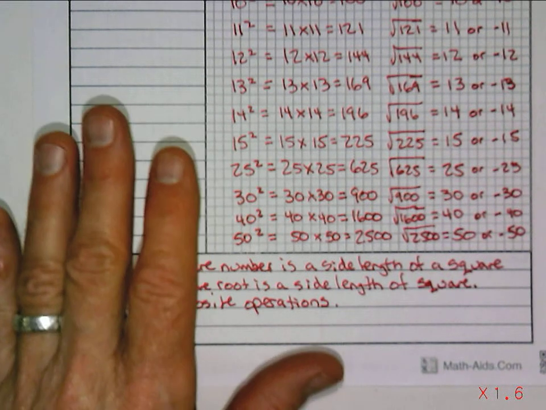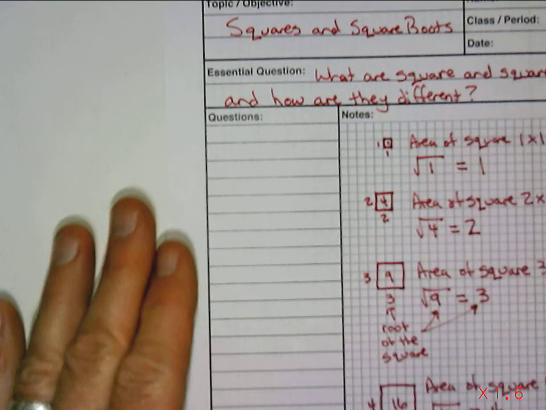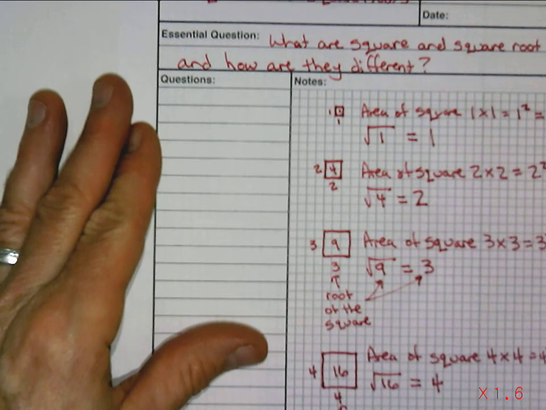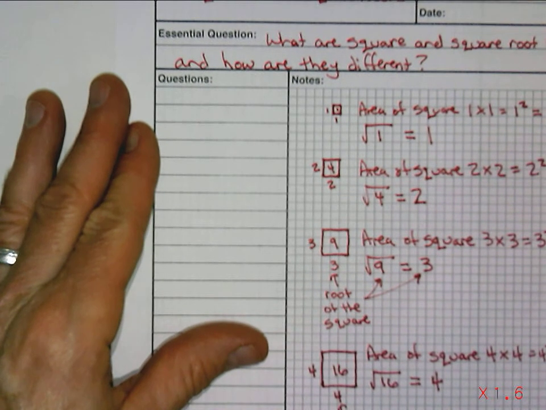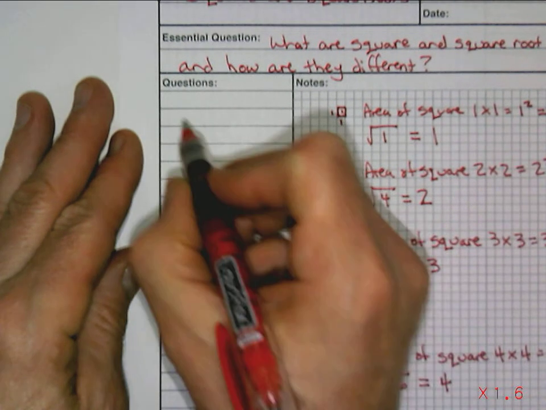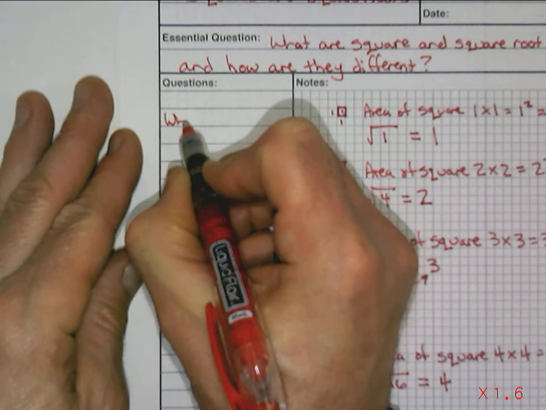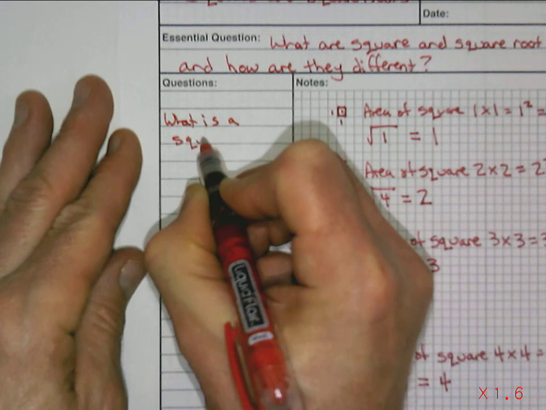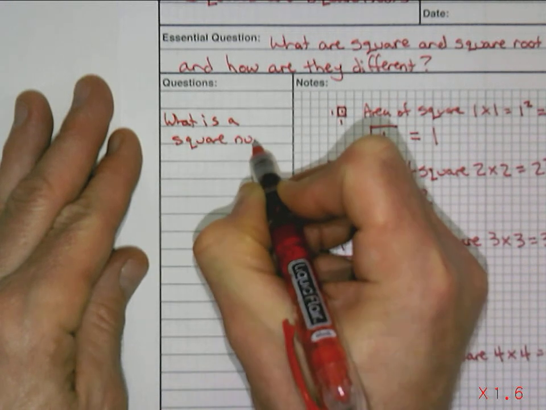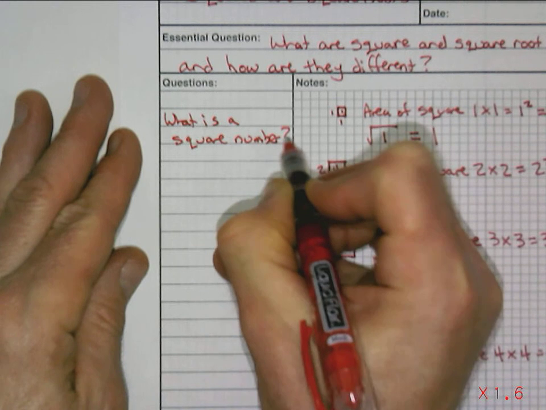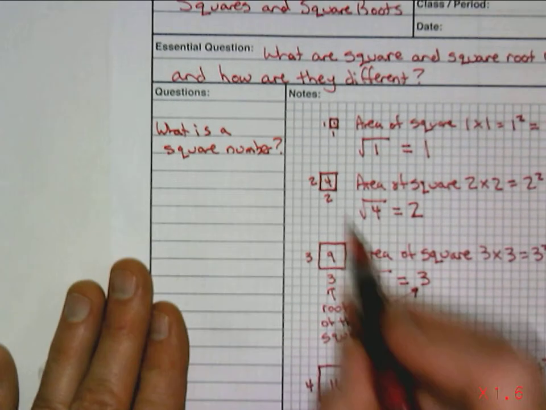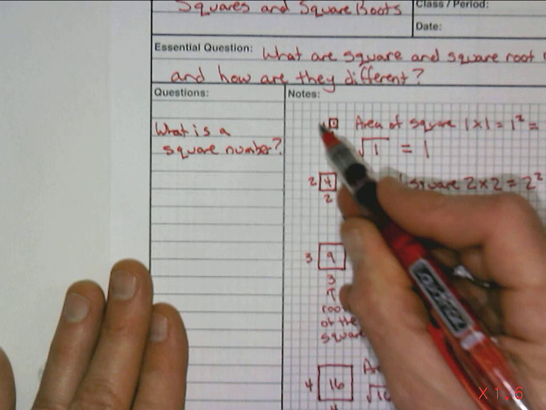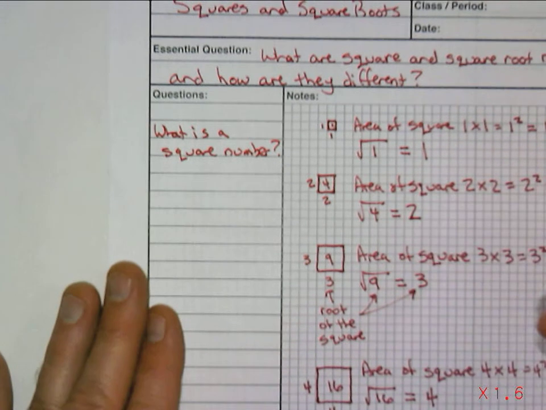There are some interesting things that happen with squares and square roots as we work through this. So what I'd like to do is add a few questions along the way, and we'll wrap this up with a summary. If you look at what we've done here, my question would be, what is a square number? Hopefully you can see that a square number is just the side lengths of a square multiplied together.